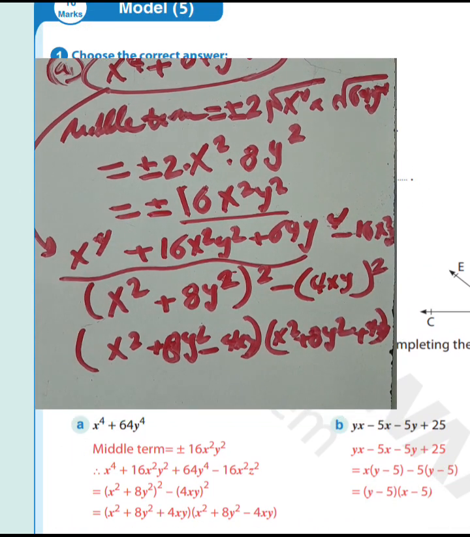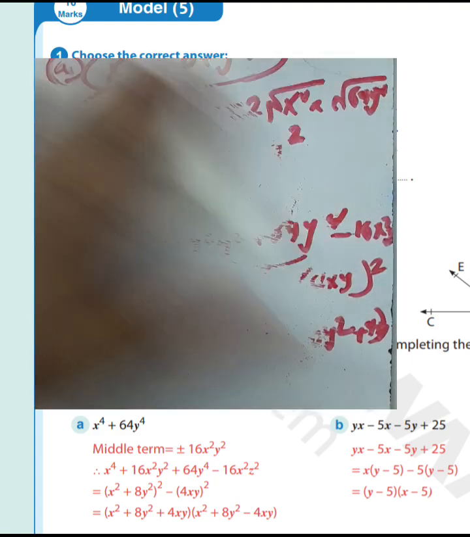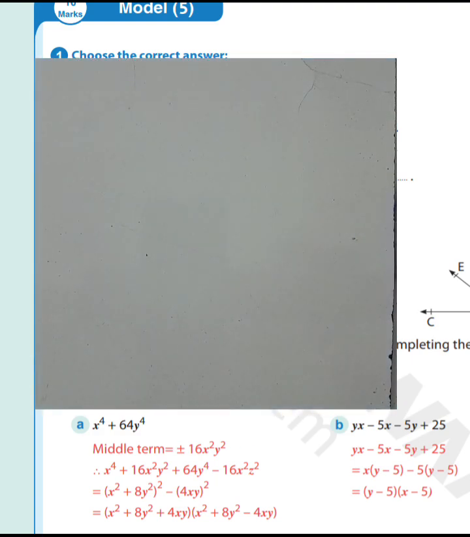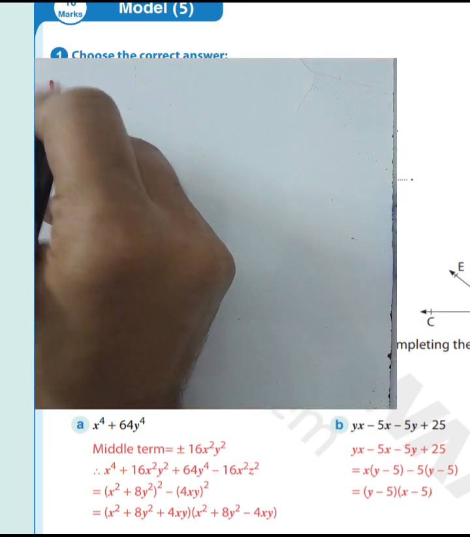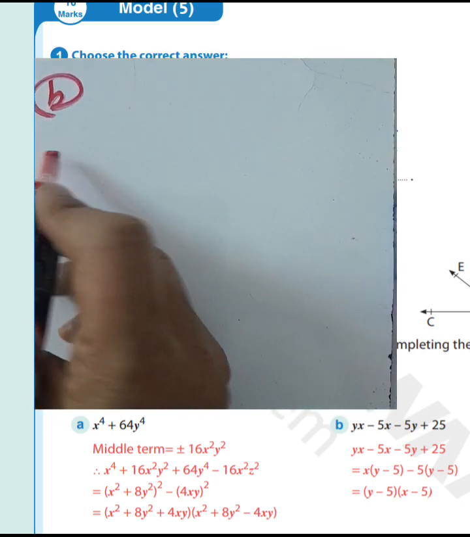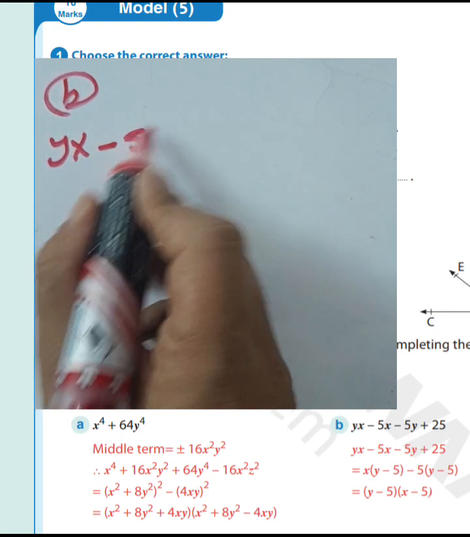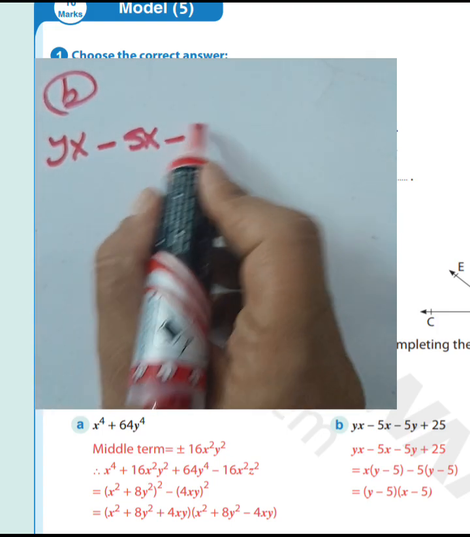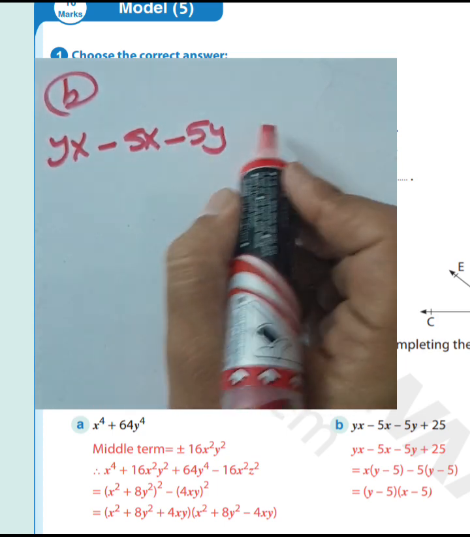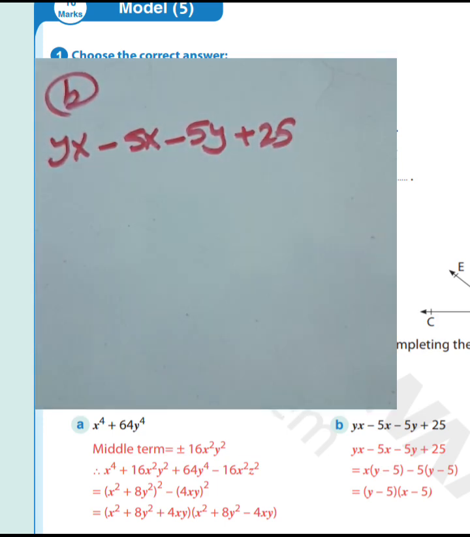Question letter B. xy subtract 5x subtract 5y plus 25.